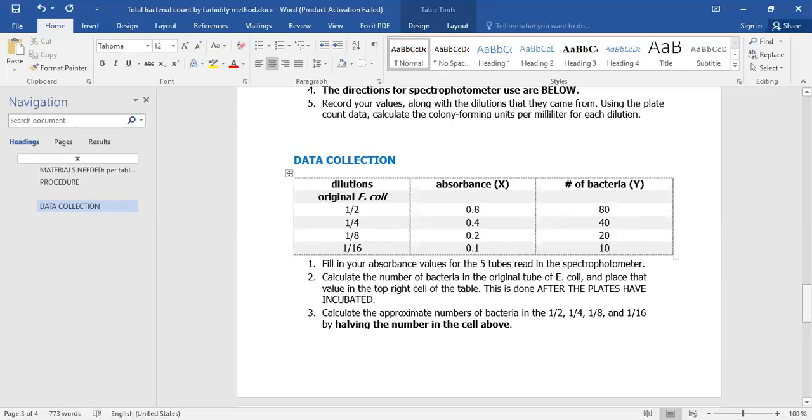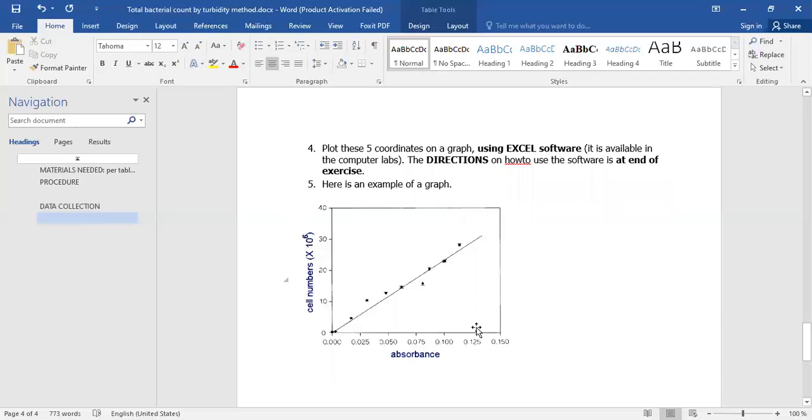We can make a graph here which indicates the relation between the absorbance and the cell number.